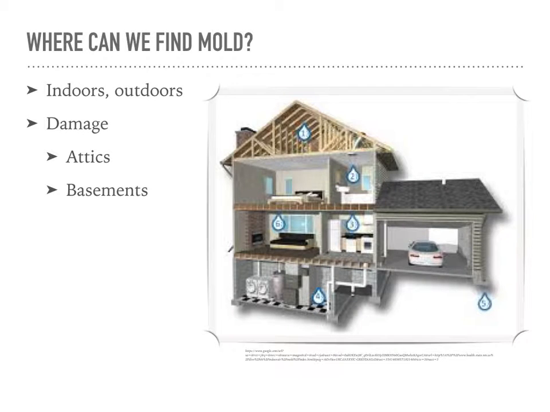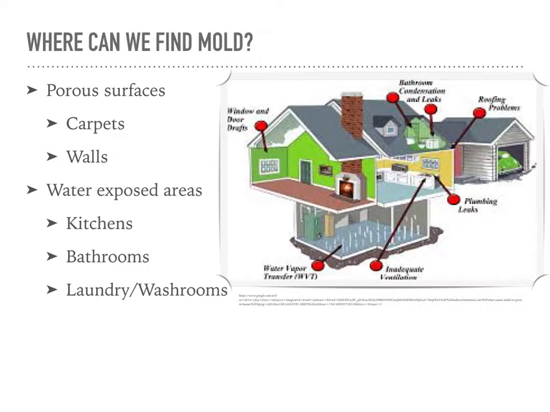So, where can we find mold? Mold can be found indoors, outdoors, around drains, also within damaged or water damaged areas, especially in attics or basements. There can be water leaks, whether that's pipes busting or something of that nature. We can also find mold on porous surfaces, such as carpets and walls that tend to absorb moisture.